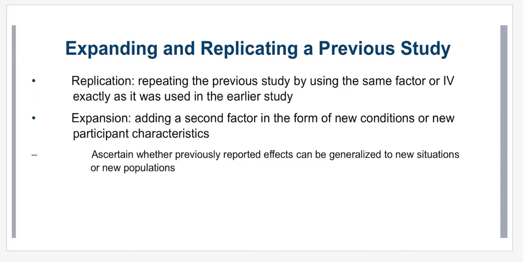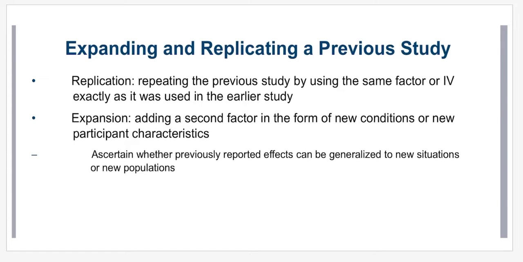And the different conditions would be your second factor or your second independent variable. Also, the other way to look at new populations would be, again, replicating that first factor, that first independent variable or treatment, and you would just do that with different types of participants. And so the different types of participants would become your second factor or your second independent variable.